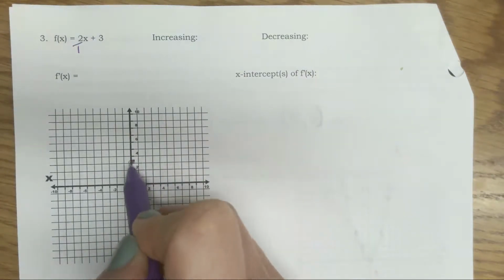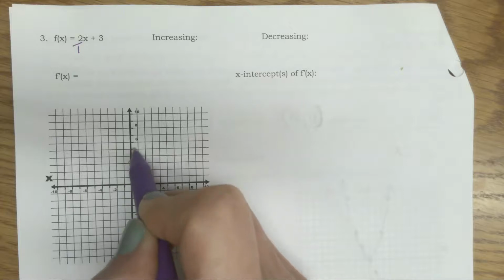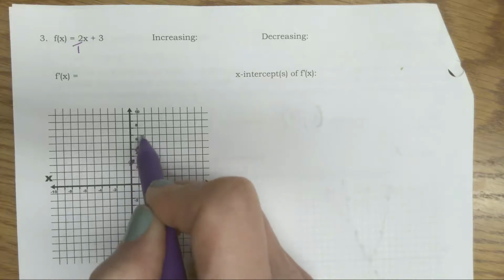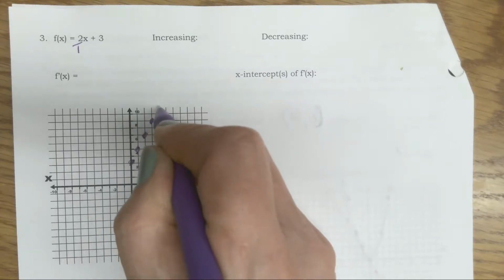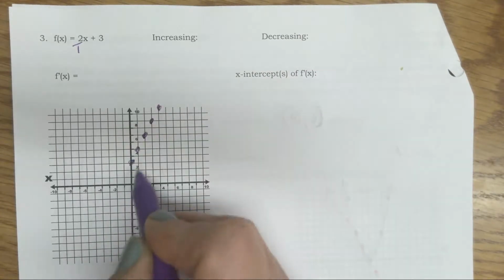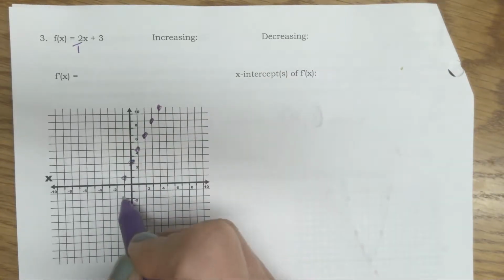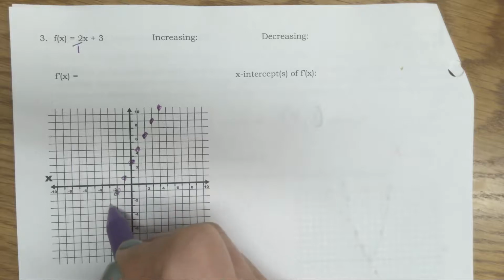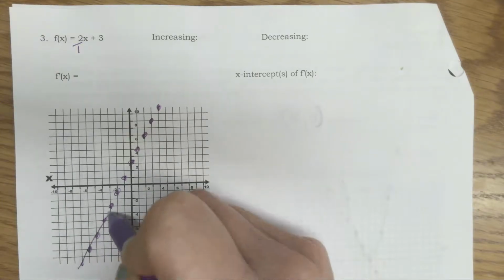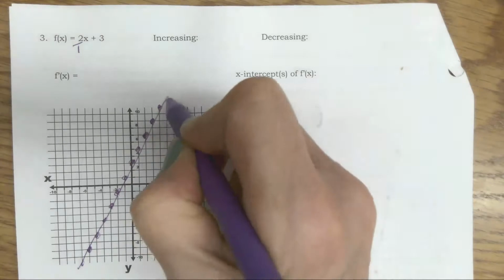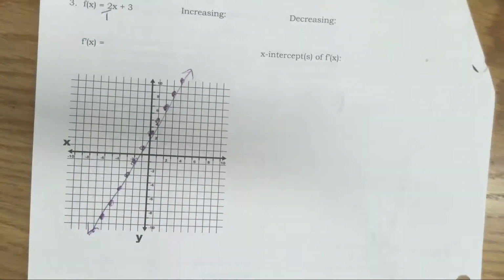And then I go up 2, right 1, up 2, right 1, up 2, right 1, up 2, right 1, or down 2, left 1, down 2, left 1. You got it. Oh, it's a consistent slope. It is. It's just a line. Yeah. So then I can sketch that one. Okay?